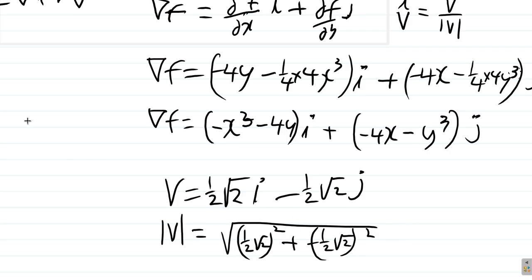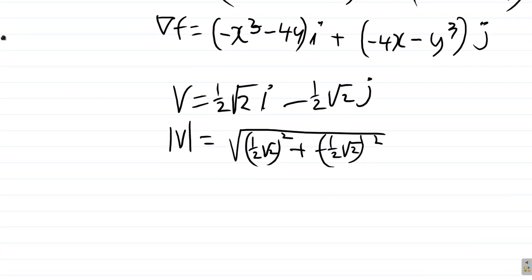See that? Half squared is a quarter. Square root of 2 squared is 2. So it's a quarter times 2, so it's 2 over 4.